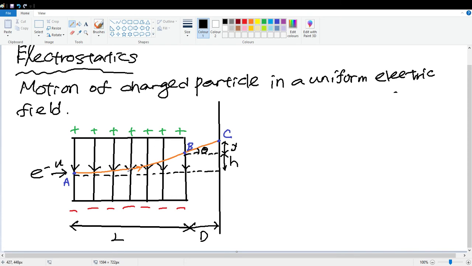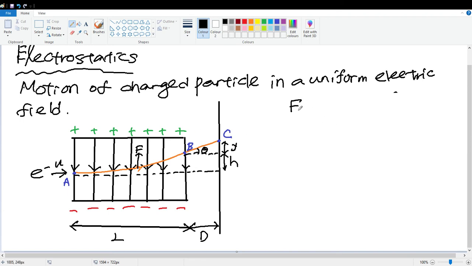Since the electron is being deflected towards the positive plates, this is creating an upward force. So this is the upward force towards the positive plates. This vertical force, which is pointing upwards, is the electrostatic force exerted on the electrons.